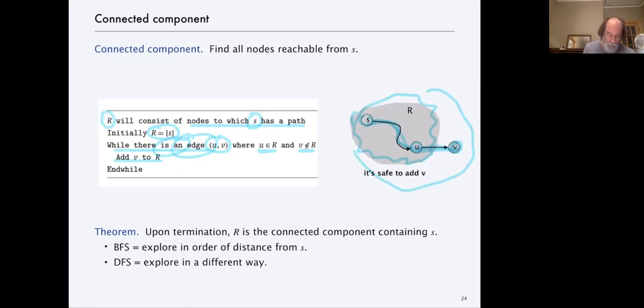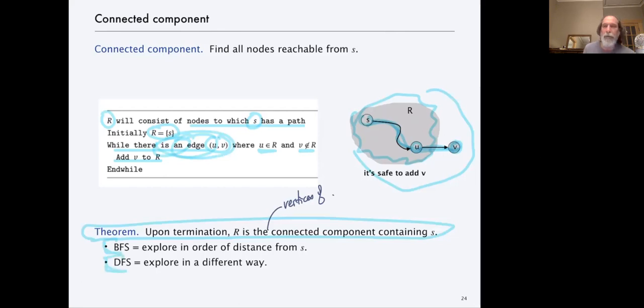But however you choose, when you get to the end, you have a set of vertices of the connected component containing S. Two particular strategies for how you choose that edge correspond to breadth first search and depth first search of the component. In the case of breadth first search, we explore and construct the set in order of distance of vertices from our start vertex.